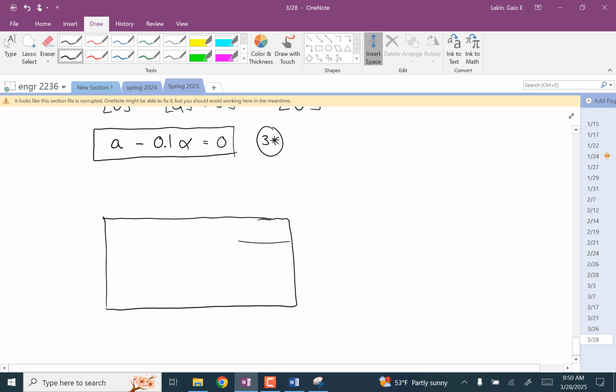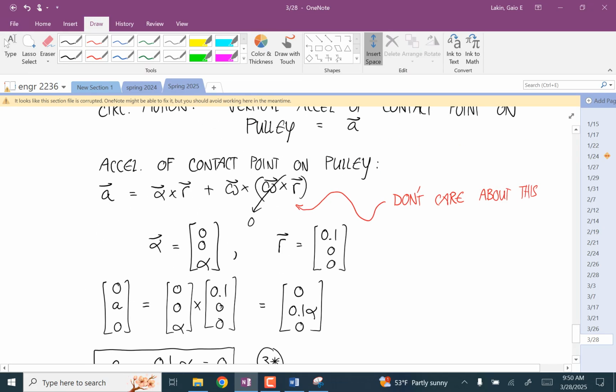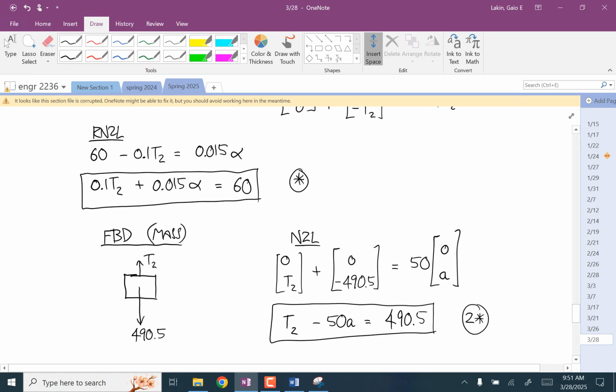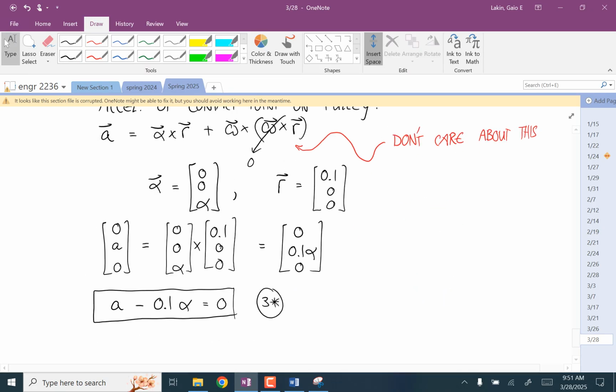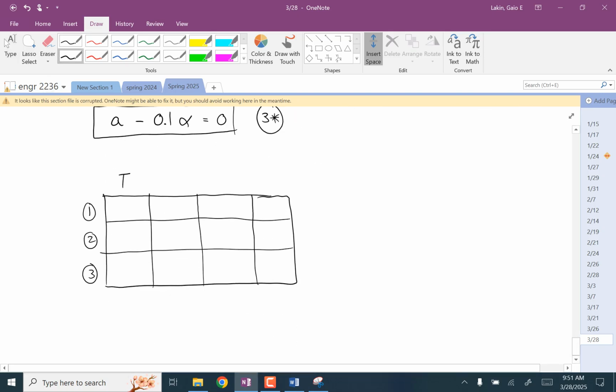We have 3 equations. I have to write the order, so I'll go T2, alpha, and A, and then this is the constant.